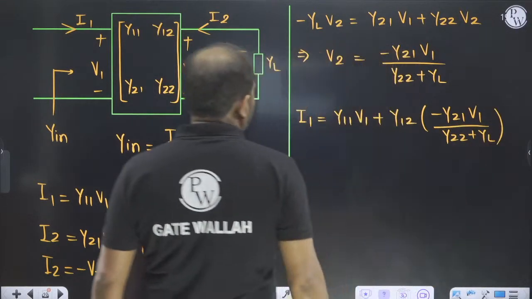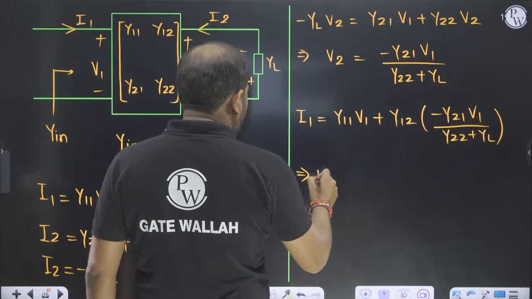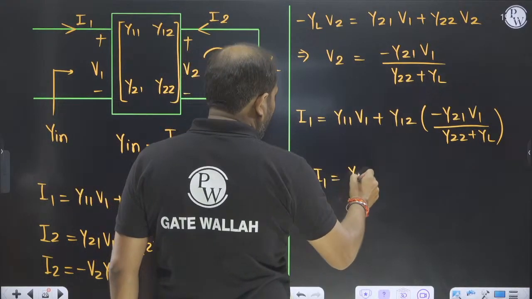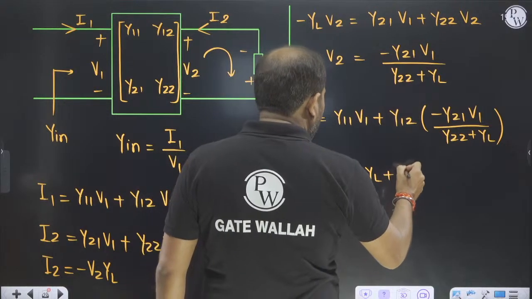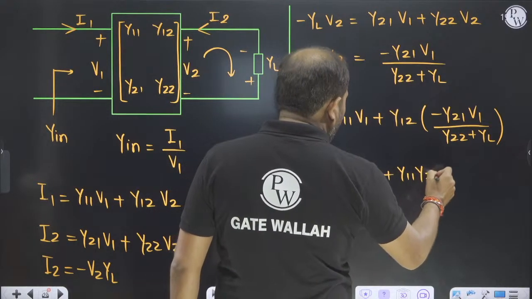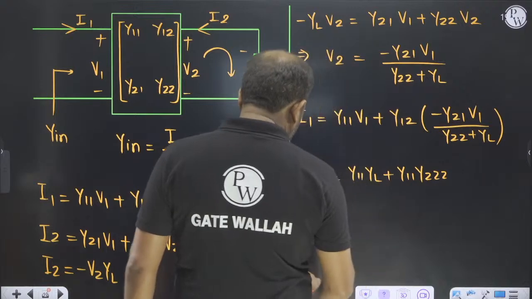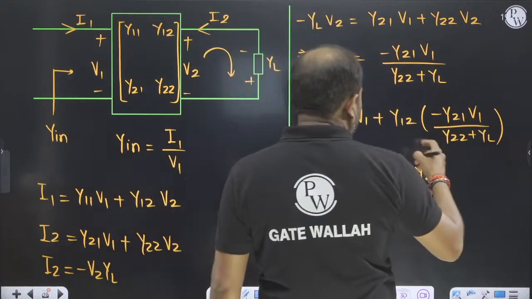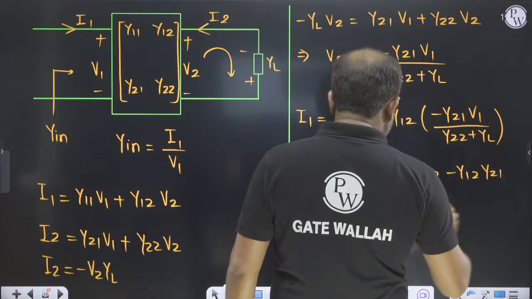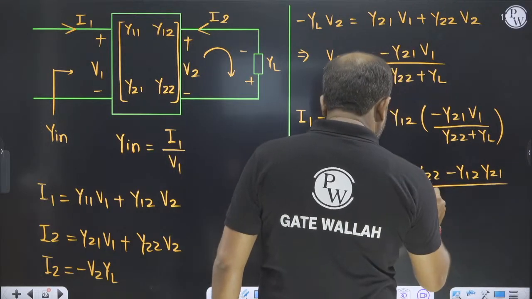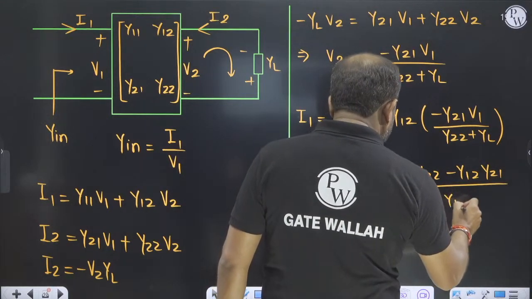Then I1 will be equal to Y11 into YL plus Y11 Y22 minus Y12 into Y21, divided by Y22 plus YL. Yes sir.